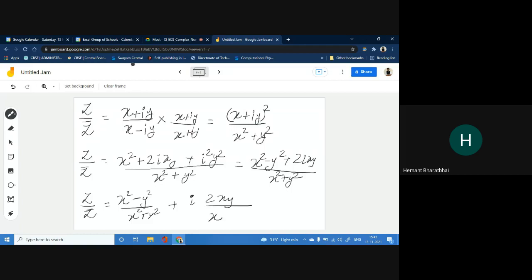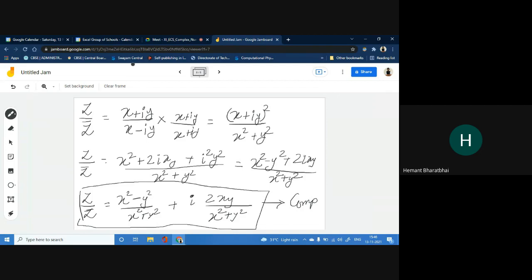So real part with the real part and imaginary part with the imaginary part. So this will become x square minus y square upon x square plus y square plus i into 2xy upon x square plus y square.